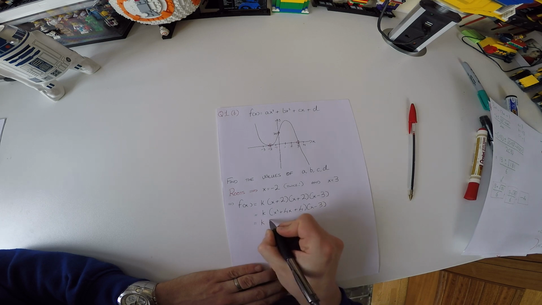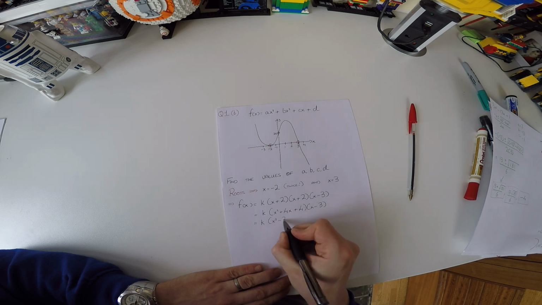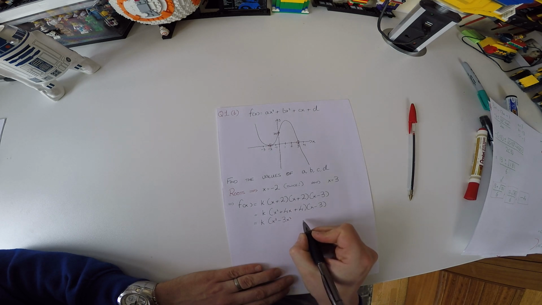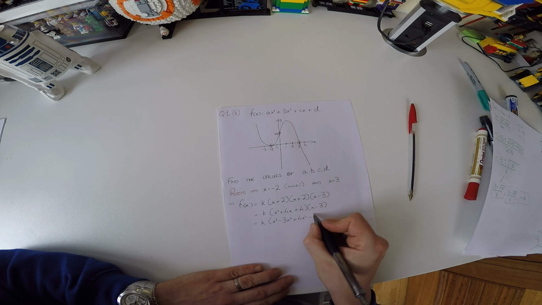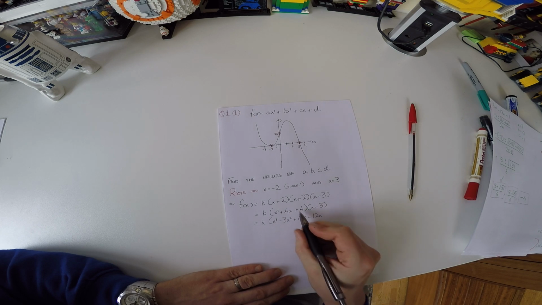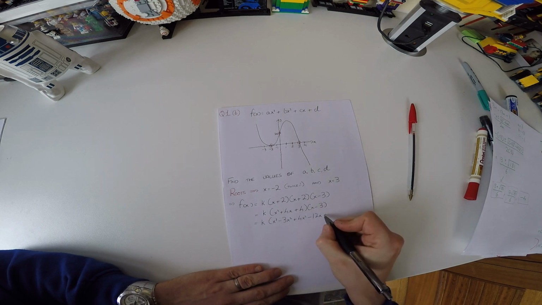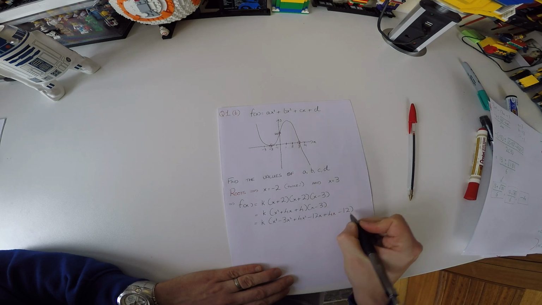We still have our k outside. Let's just do these brackets. So x squared times x, x cubed. x squared times minus 3, minus 3x squared. Then 4x times x, 4x squared. 4x times minus 3, minus 12x. Now the 4 times x, 4x, and 4 times minus 3, minus 12.